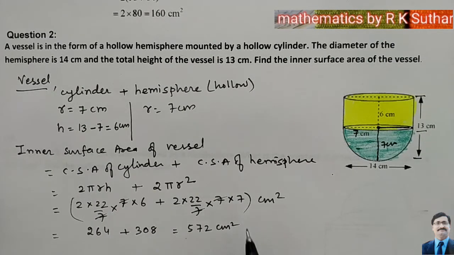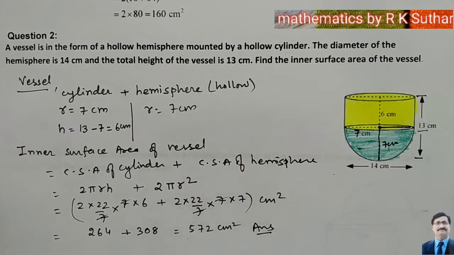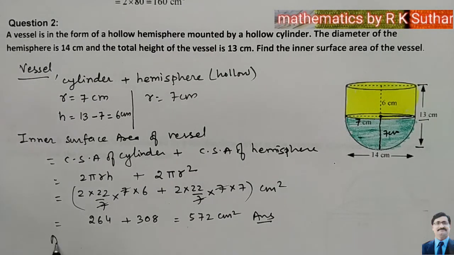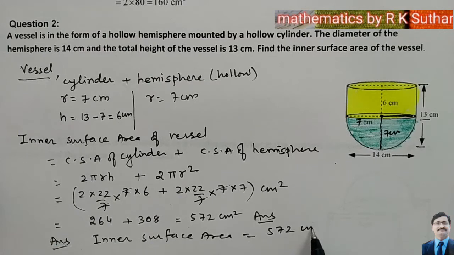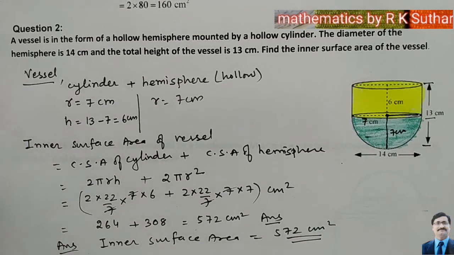So this is the answer: inner surface area equals 572 centimeter square. All of you understand this?